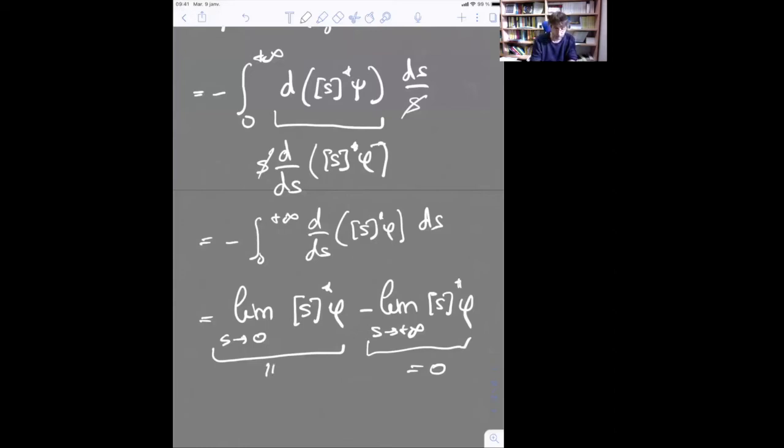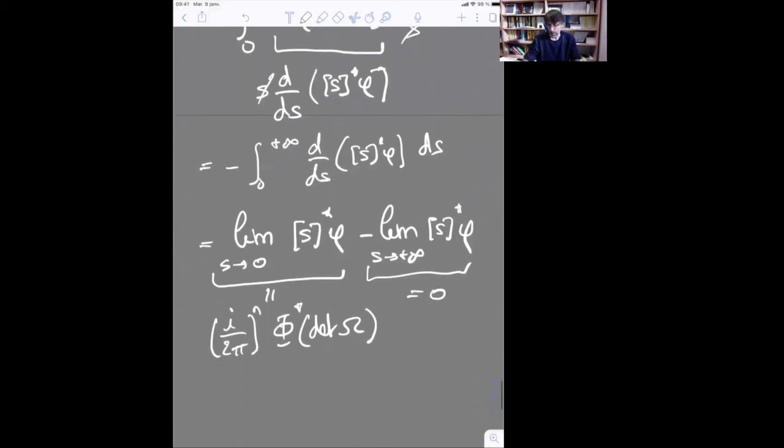And what you get here is, of course, i over 2 pi to the n, and the pullback of the determinant of the curvature form. So this is an invariant form on S, or in fact on X also.